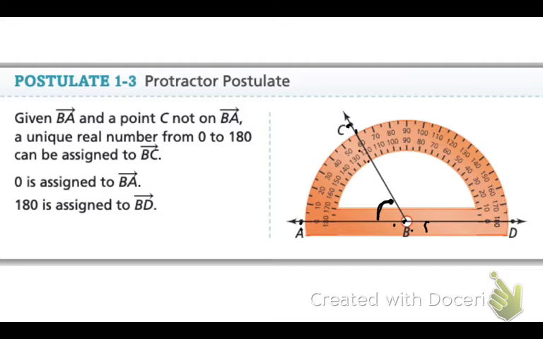Is this angle 120 degrees? No, that angle isn't. The other one is. The angle right here is 120 degrees, isn't it? Yes. Okay? So when it's acute, it's going to be the smaller number. When it's obtuse, it's going to be what? The larger number.